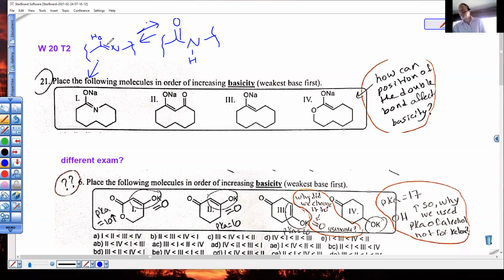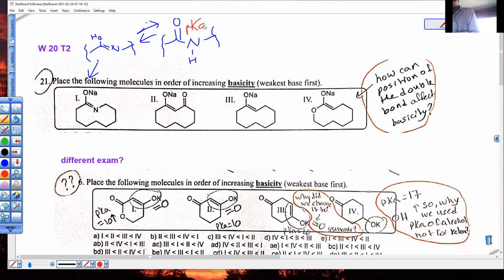Just remember this, please. If you have a choice of two tautomers, which these are, they're related by tautomerization, the one with a more stable pi to an oxygen is always the original molecule. This is the tautomer that's not as stable. So what we're looking at here is an amide with a pKa of 17.